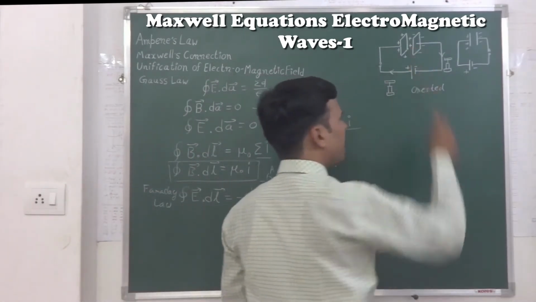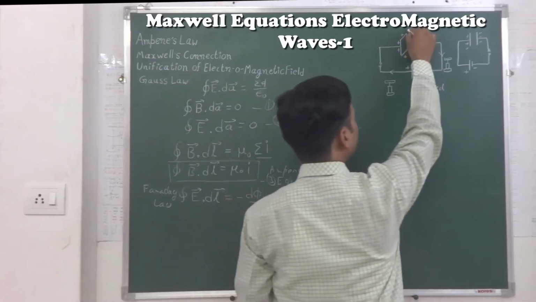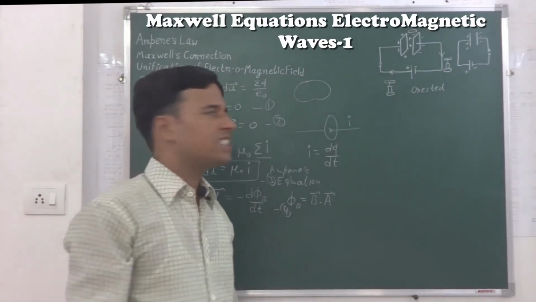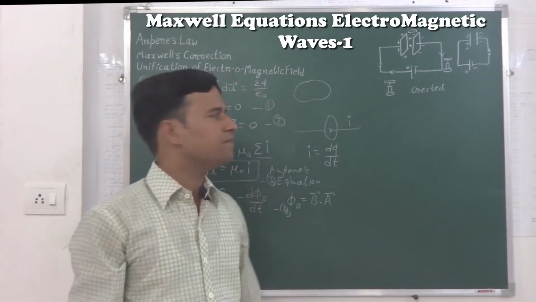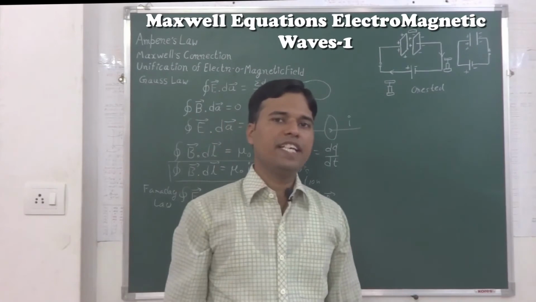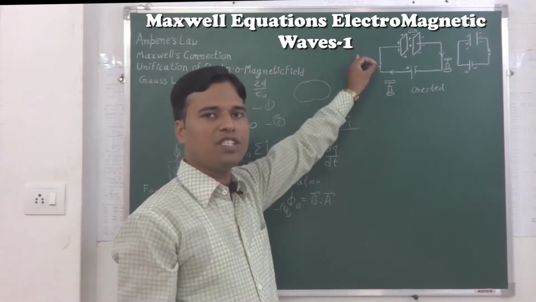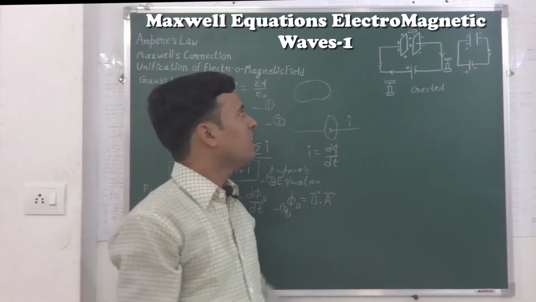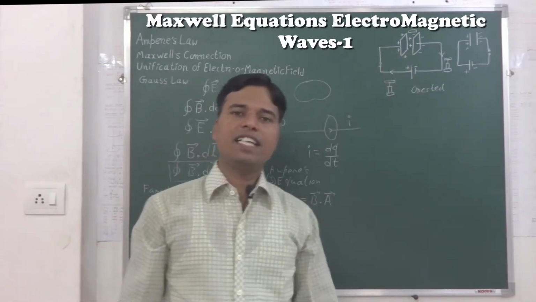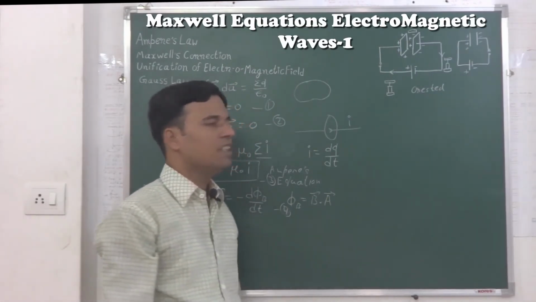But what will happen if the magnetic needle is placed in the space between these parallel plates of capacitor? According to the experimental observations, when this key is closed and when it is opened, deflection in the needle will be observed.